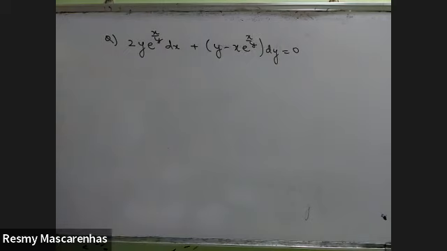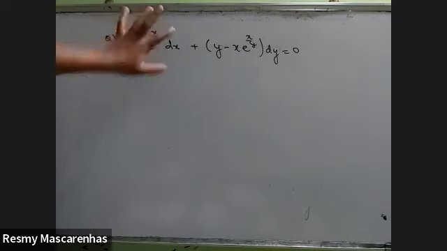Now looking at the question itself, you know that it is in the form straight away x upon y. If it was given as y by x, it would have been type 1, means of the type y upon x. But now in the question itself, you know it is x upon y. So it is the second case. So you have to use x upon y is equals to v.